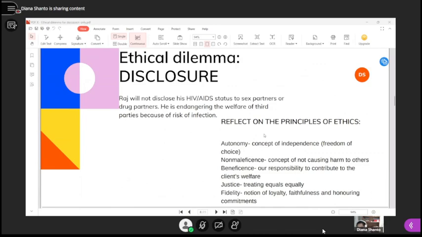Donc, ce client-là vous dit ça, you have some principles of ethics which are in conflict. Which are they? Quelques propositions.